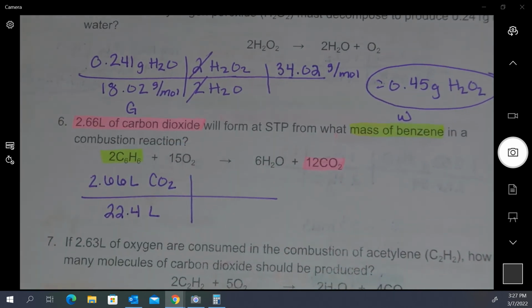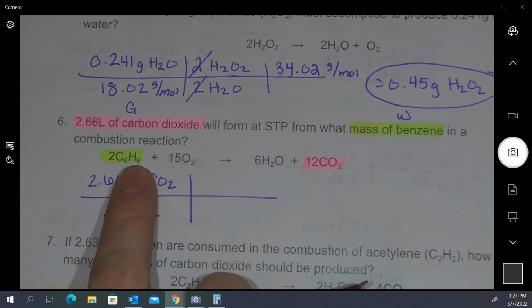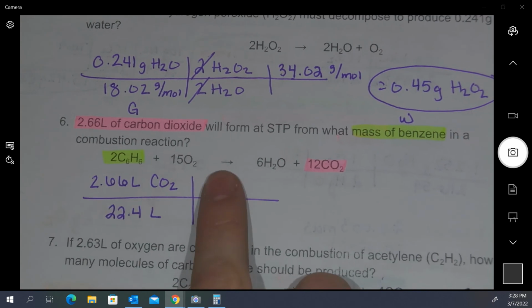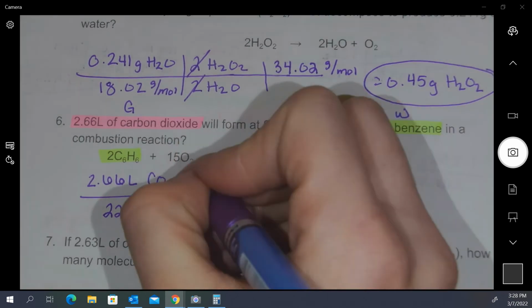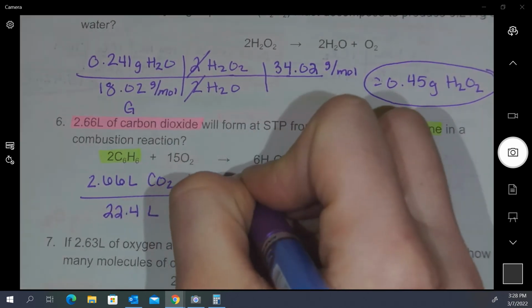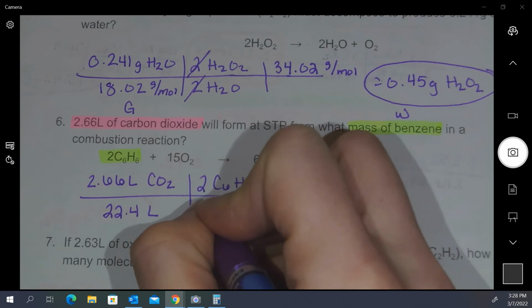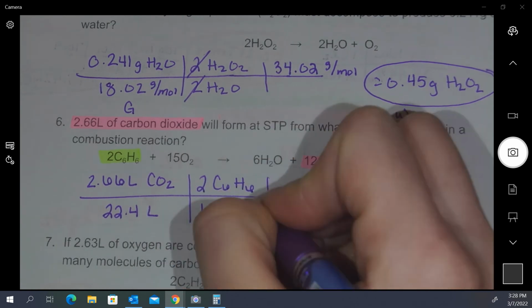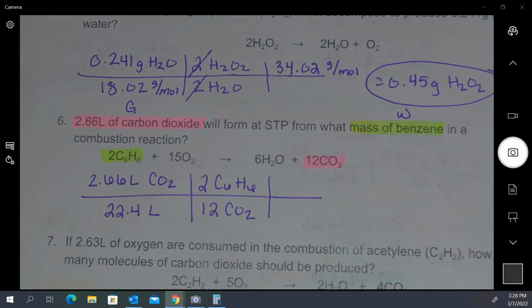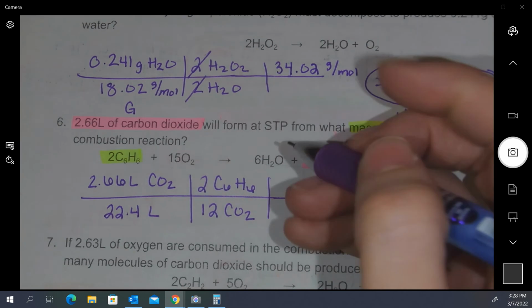I want the mass of benzene. Benzene's the C6H6. So does benzene go on top or on bottom? On top. So my 2 C6H6 goes up top. My 12 carbon dioxide goes down low. Lastly, I'm going to multiply times my molar mass of benzene. 12.01 times 6 plus 6.06 gives us 78.12.